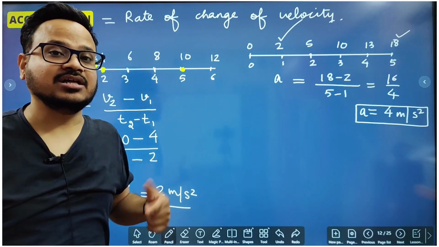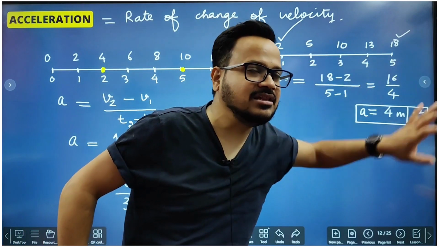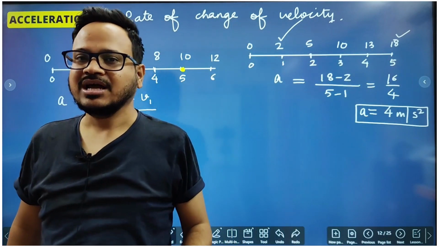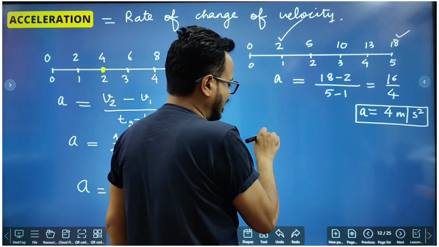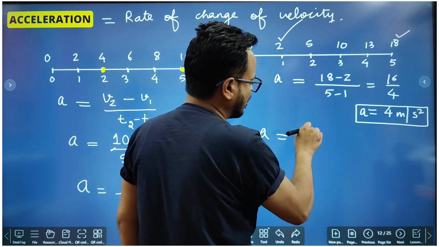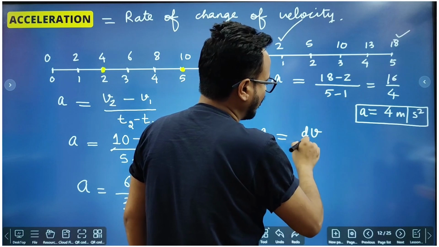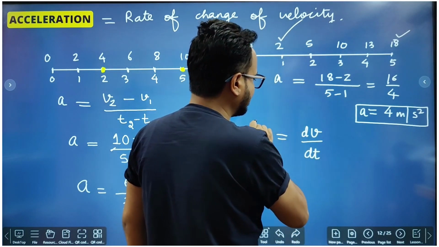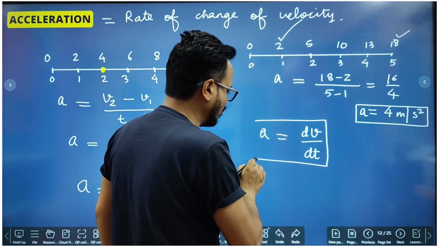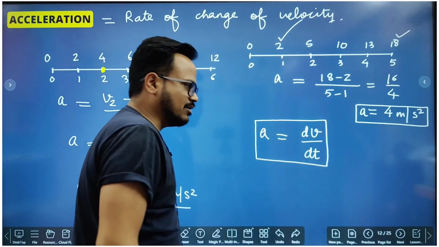If the acceleration is continuously changing, like in this case, we can find instantaneous acceleration at a particular instant of time, and that is equal to the derivative of velocity with time.